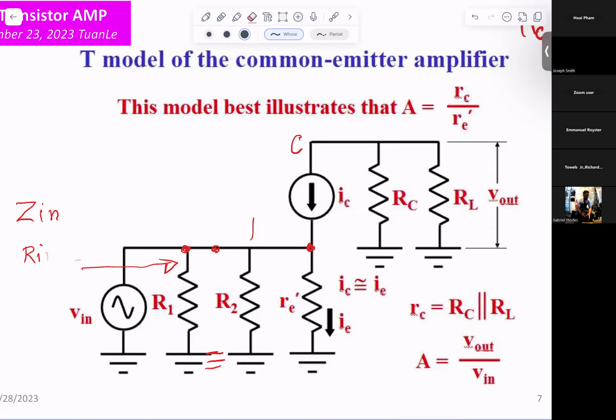Okay, let's see. This model best illustrates that. That means they give you the formula again. Now, see what happened here.